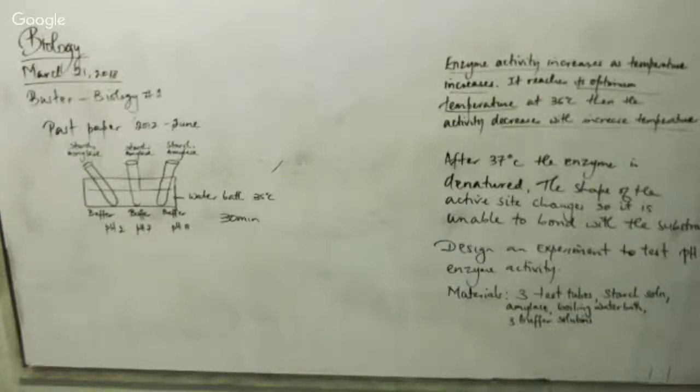Name 2 parts of the human digestive system where amylase may be found. Mouth and pancreas. Is the pancreas a part of the digestive system? No, and yes. It's an accessory organ that is used in the digestive system and the endocrine system.